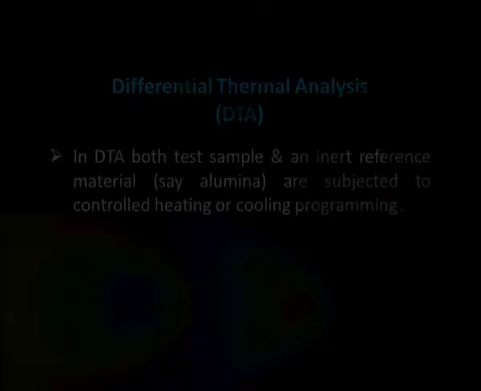Differential thermal analysis is a technique in which the difference in temperature between a substance and a reference material is measured as a function of temperature, while the substance and reference material are subjected to a controlled temperature program.